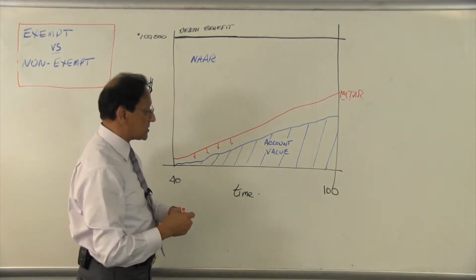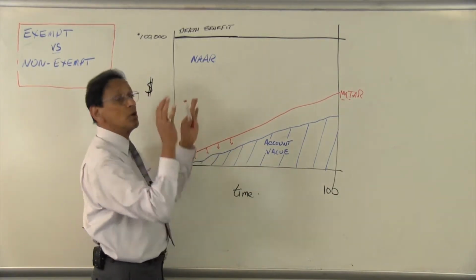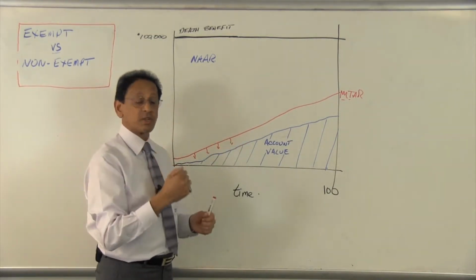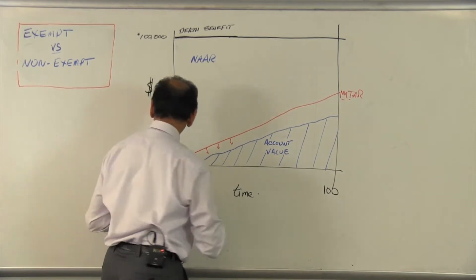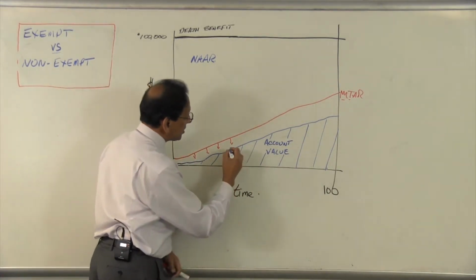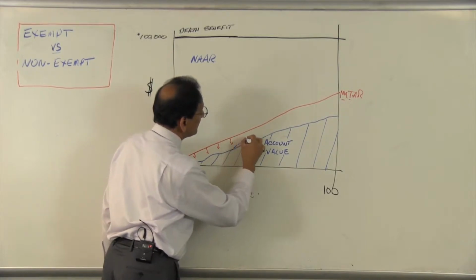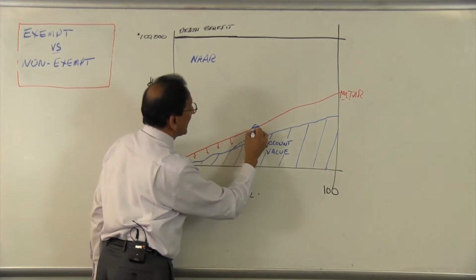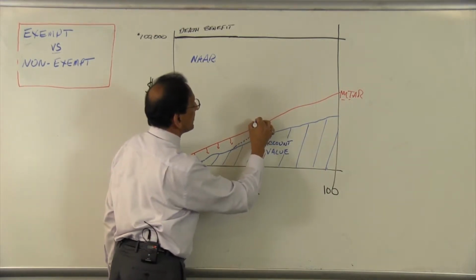However, if for some reason you put too much money into the plan or your returns are beyond what you expected, and in fact your account value starts to exceed this line. So now my account value is starting to grow over here.